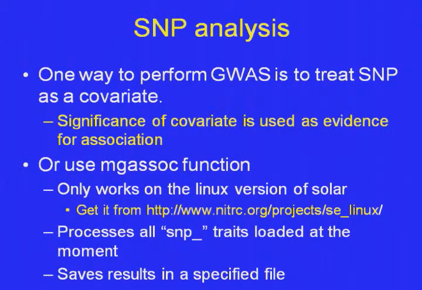Well, it's not actually all that quick if you want to do it 1,000 times, but if you want to do it a couple of times, you can do it really quickly. Or you can use the MG association function. It only works with the latest Linux version of Solar, but the Mac version, as I understand, is coming very soon. This function processes all SNP traits loaded at the moment and saves the results in the file that Laura was talking about.